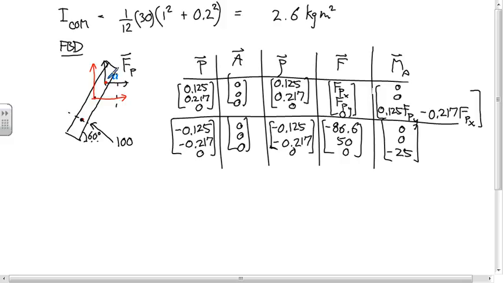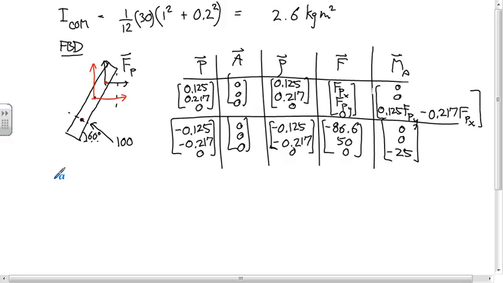And that's kind of at the heart of what makes it simpler to use the fixed point as the about point if you can. Now that we're not using the pin as the about point, those appear, they do produce a moment. And so we have to deal with those. And what that means is now we can't just use the rotational equation. We have to use Newton's second law also.